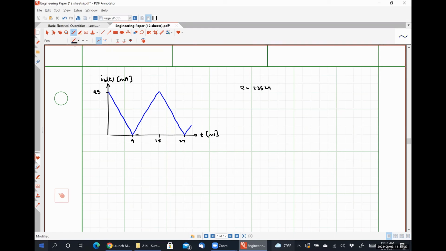So we are going to be using P of t is equal to 1 over T integral from 0 to T of I squared of t, R over T, integral 0 to T, I squared of t dt.